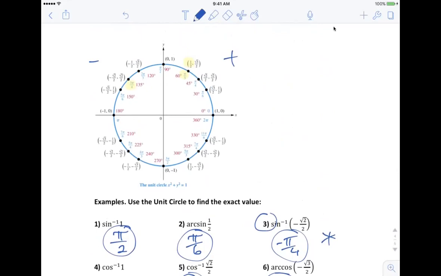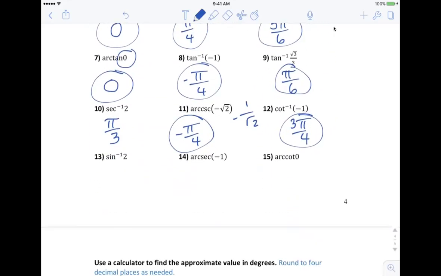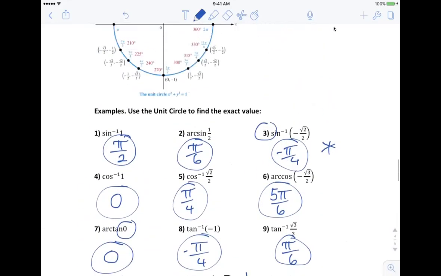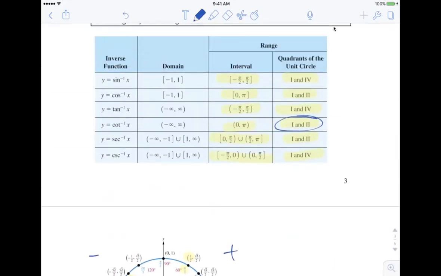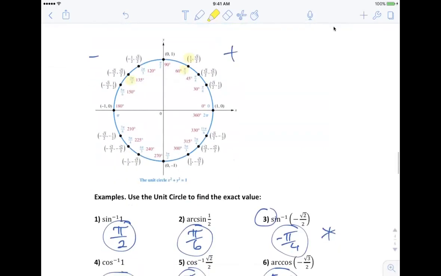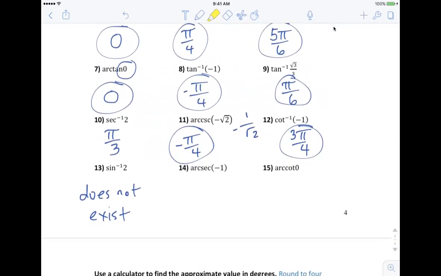So this one, there's just no answer. This one does not exist. That has to do with the domain. Another way to look at that, if you go up to here for sine inverse, the domain has to be between negative 1 and 1. 2 is outside of that, so there is no value. It doesn't exist. Okay, so that could pop up.